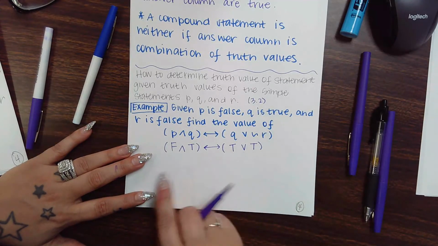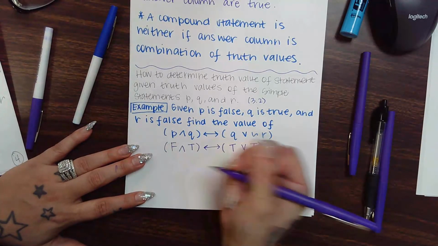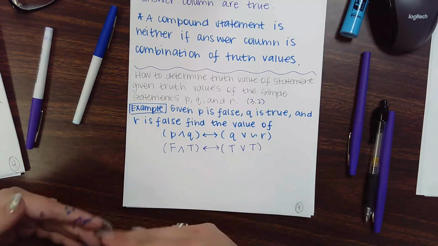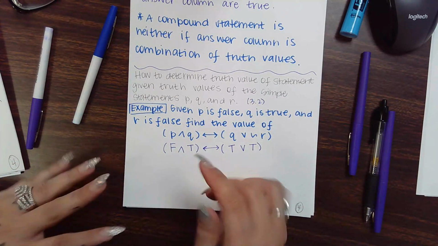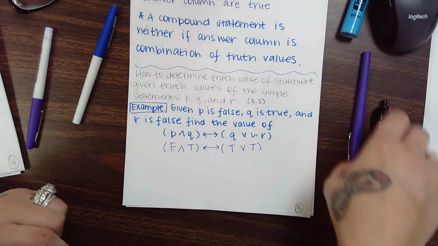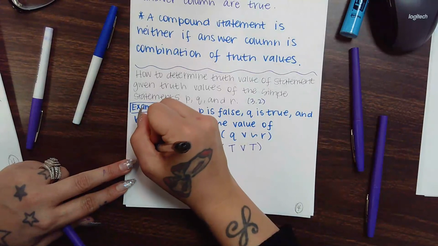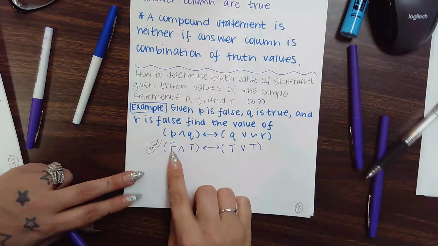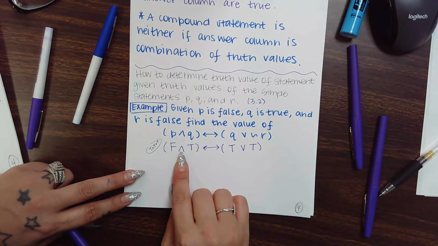So here, I didn't actually keep my parentheses anymore because I'm just going to have one truth value after this. This is the and, right? With my and, what do I need? I need T and T to equal T. I have F and T. Is this and this true?